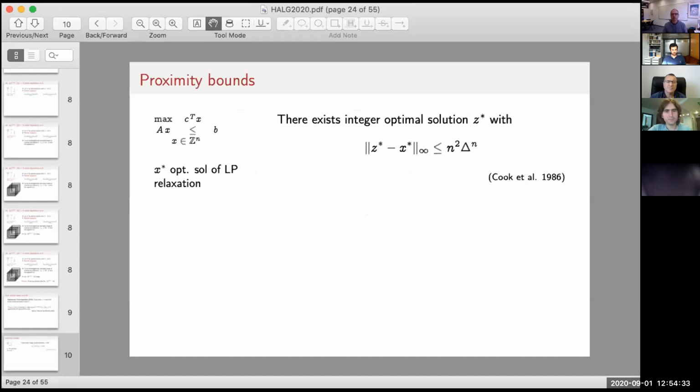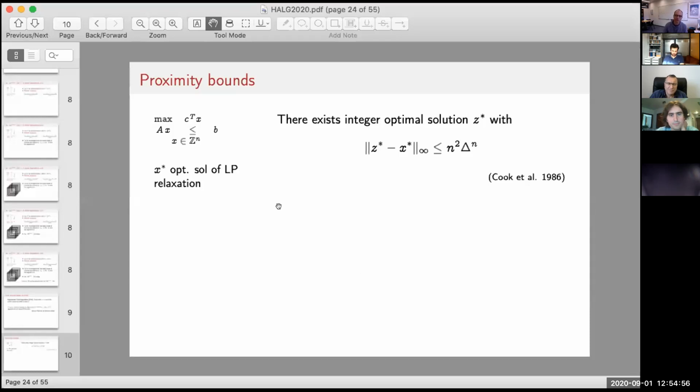Good. So then I would like to mention proximity bounds. So what are proximity bounds and why are they useful? Proximity bounds measure the distance between an optimal solution to the linear programming relaxation and an optimal solution to the integer program.